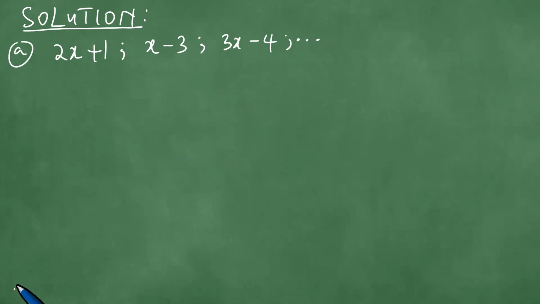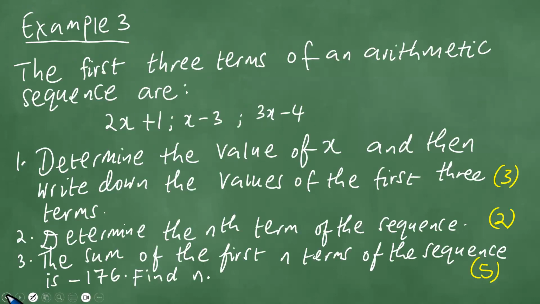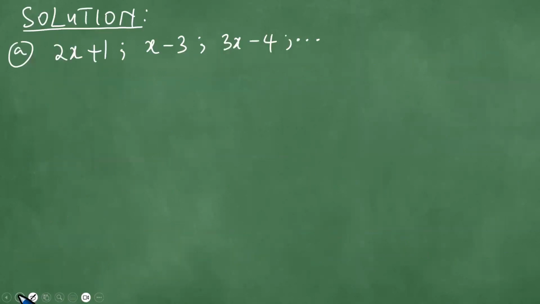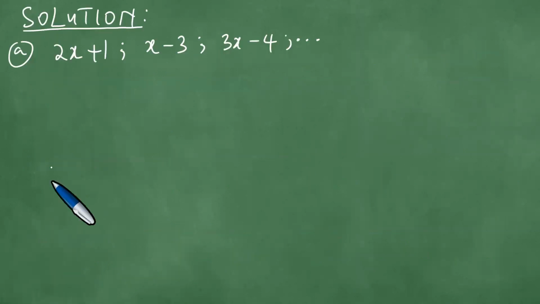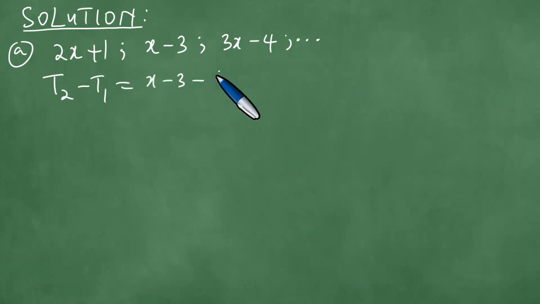What is the value of x? But for us to find the value of x, we need to ask ourselves, what kind of sequence is this? It is an arithmetic sequence. Because it is an arithmetic sequence, we say T2 minus T1, which is x minus 3 minus (2x plus 1).